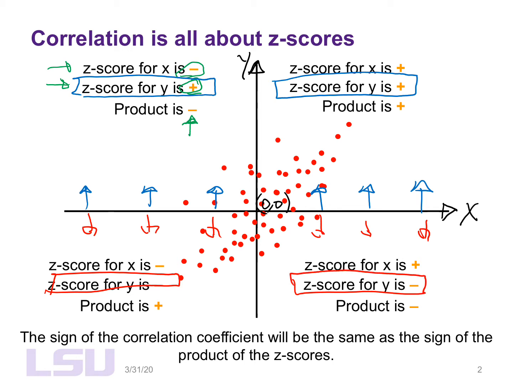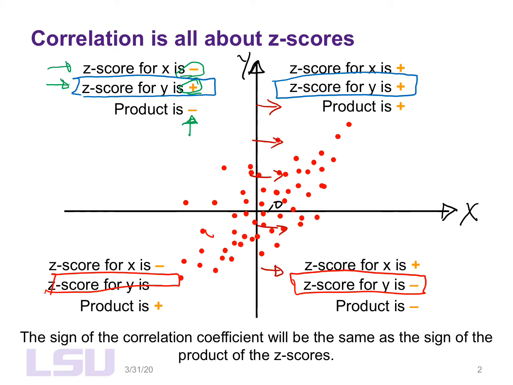Now let's clean off that and look at the z-score for x. Now we are looking here. That's positive x, right? To the right of the y-axis, x is positive, so the z-score for x has to be positive, and on the other side, it's going to be negative.